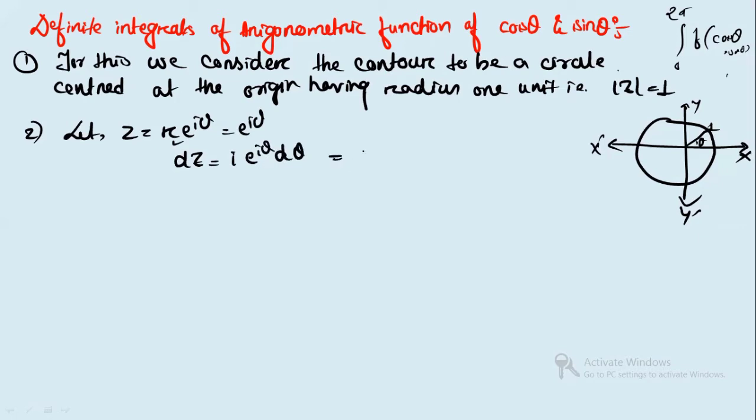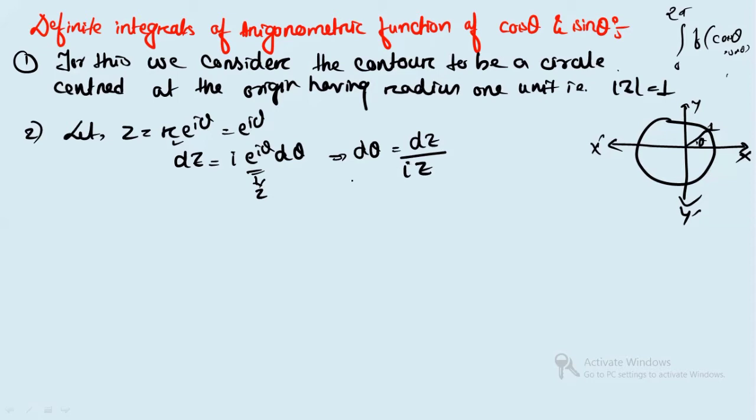So from here you will find the value of d theta, and it will be dz by iz, because e to the power i theta is z, so this becomes iz. Clear?